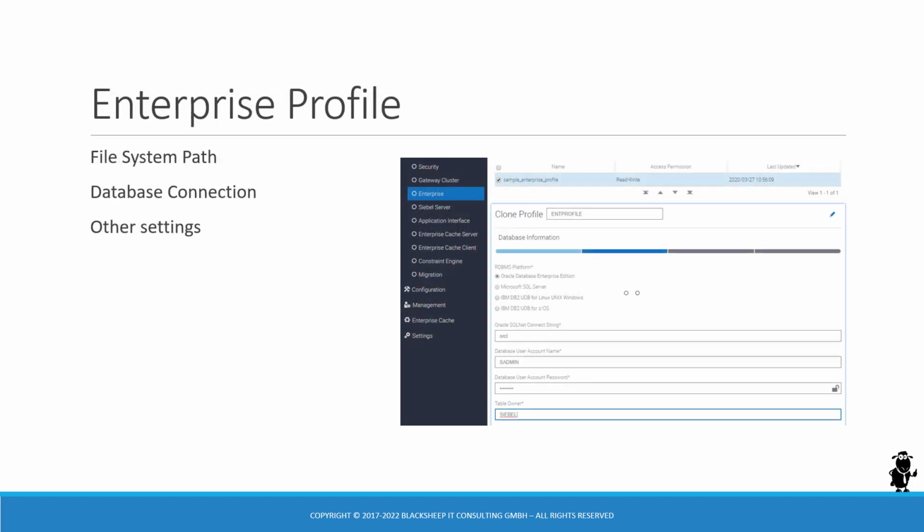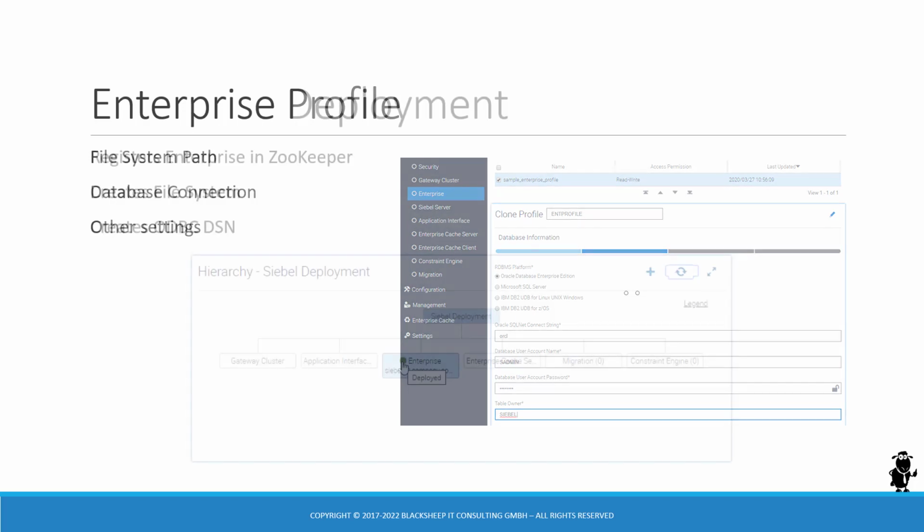So let's start with the enterprise profile. So in the SMC, you go to Profiles, Enterprise, you clone the existing enterprise profile, the sample, and then you specify the necessary information such as the primary file system path, database connectivity, and other settings. And you save that profile.